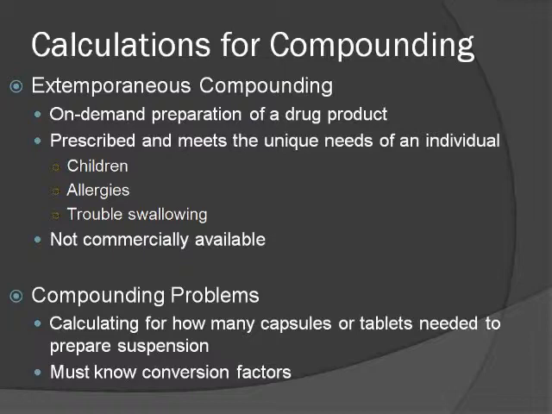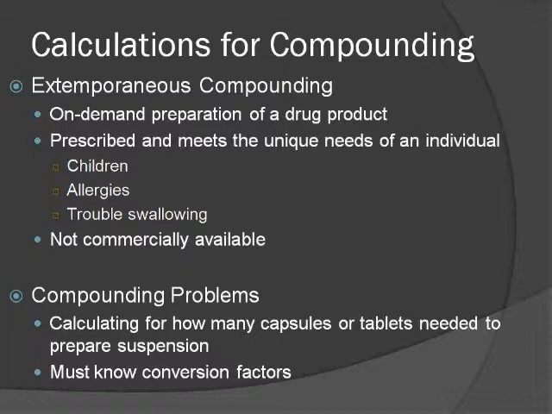In some cases, people have allergies. Maybe they're allergic to the dyes that are used in a particular formulation, so we would have to compound something specifically without that dye for that patient. Sometimes the patient in general cannot swallow something, they cannot take it a certain route, so we might have to adjust or change the route by creating something uniquely for that patient.